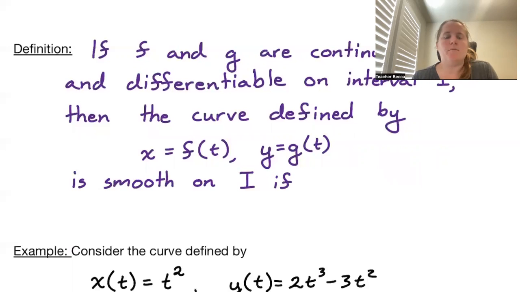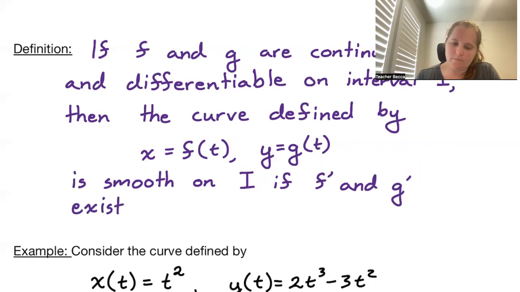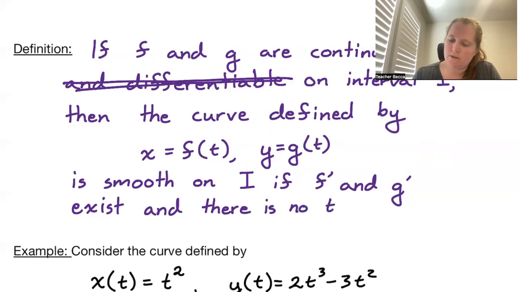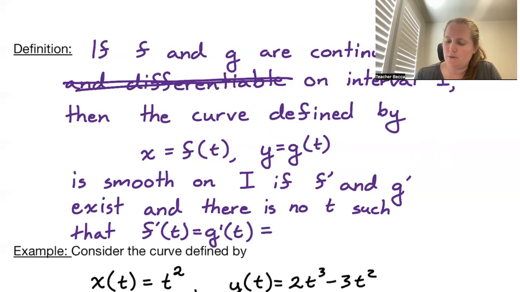if f prime and g prime exist. We have that with f prime and g prime existing, and there is no t such that f prime of t equals g prime of t, both equal 0.